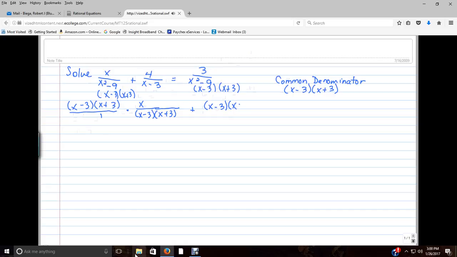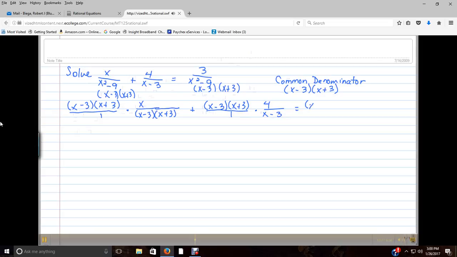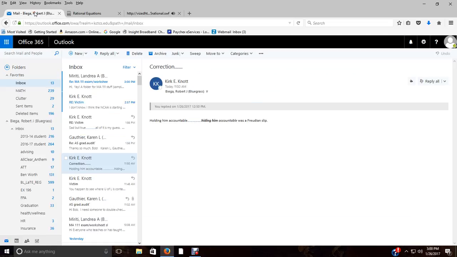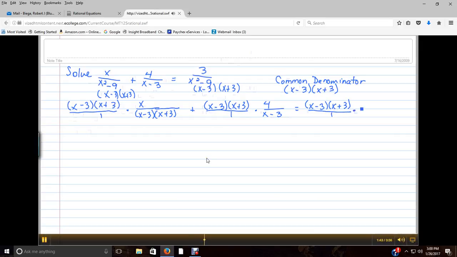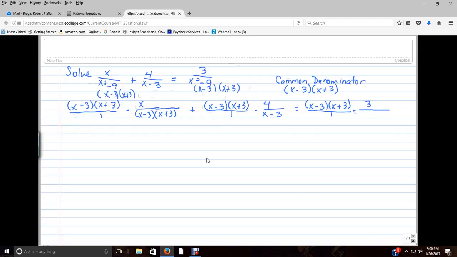So everything is going to get multiplied by this common denominator. And then finally, let's multiply our third fraction by x minus 3, x plus 3 over 1. And I'm going to rewrite that third fraction's denominator in its factored form.